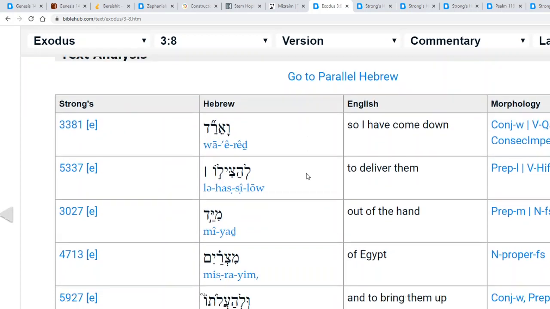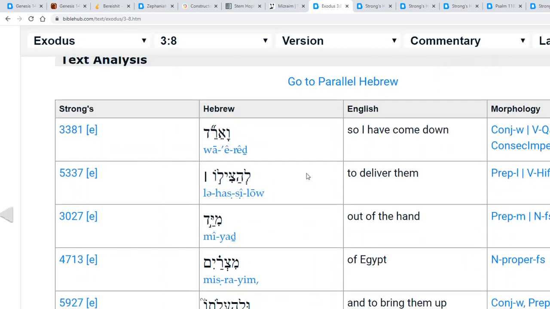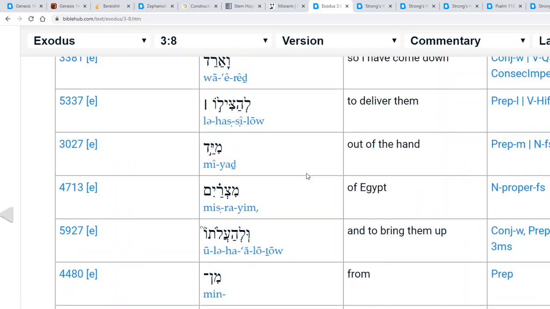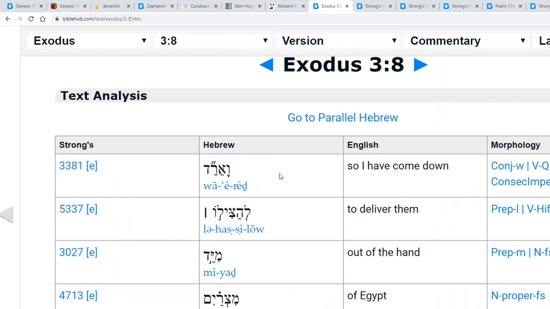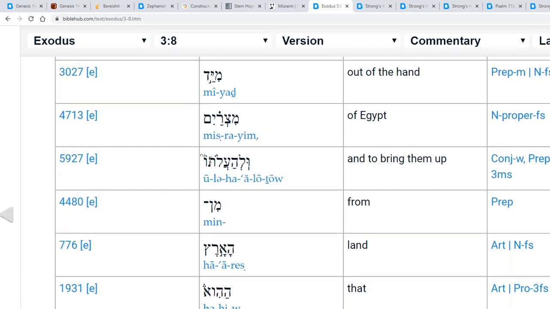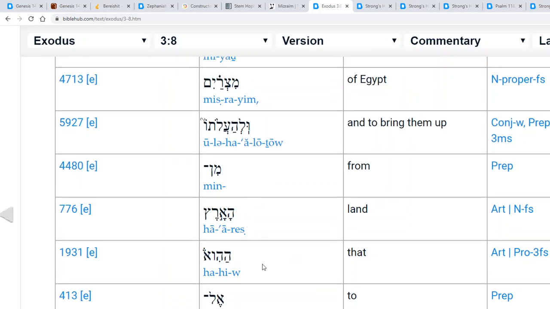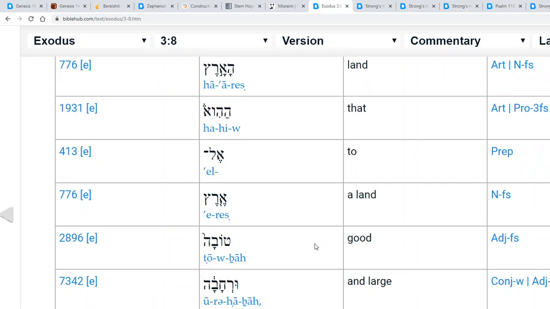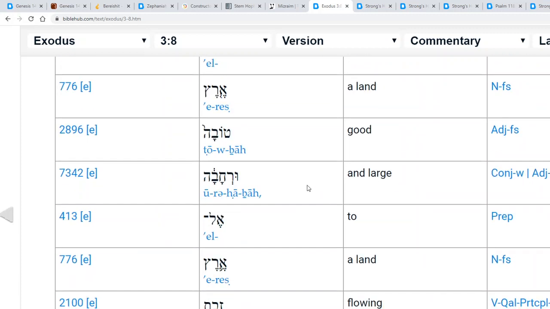Okay, so what do we see here, right? We see that going to Egypt is yered, going down, Mitzrayim, and to come up, right? To bring him up, laha'alot, from that land, Egypt, to the land.